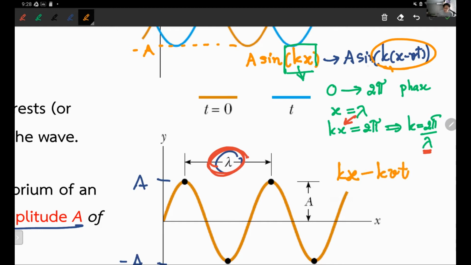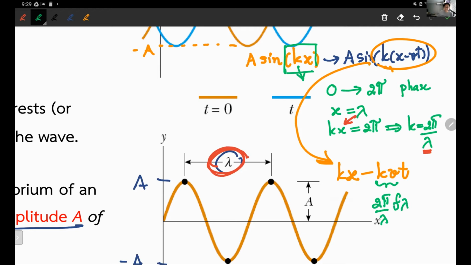Right there. The k is 2 pi over lambda. That's done. Now let's see what the kv means. I'm going to pull this one out, kv. k is 2 pi over lambda now. The velocity, we just learned, is f lambda.